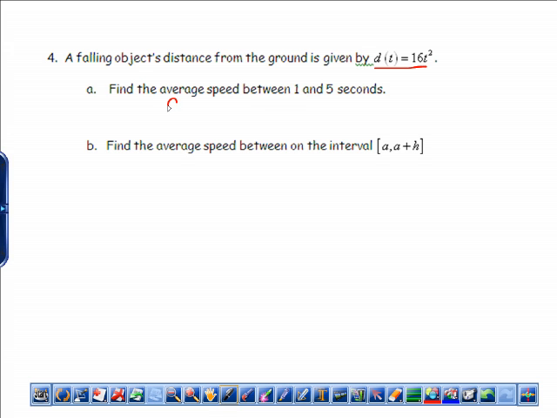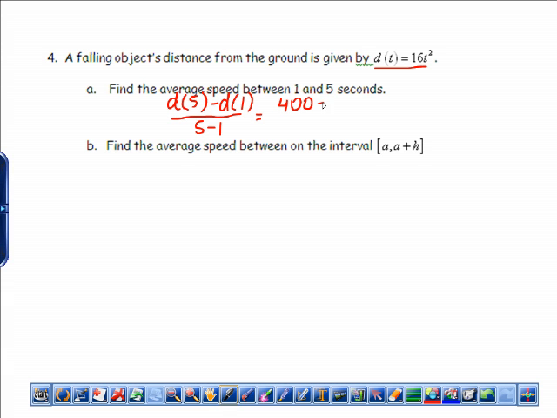So what we're going to do is we're going to do d of 5 minus d of 1 over 5 minus 1, and you definitely have a calculator here because this is a word problem. So d of 5, if you plug 5 in, 5 squared, 25 times 16, that's going to give you 400.